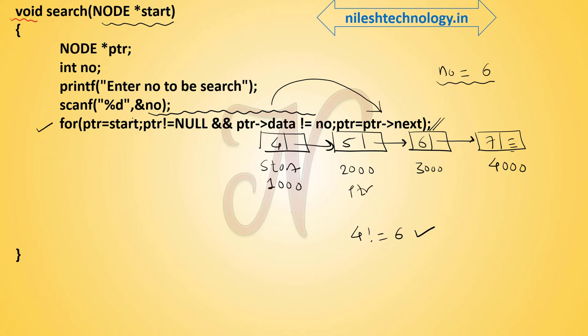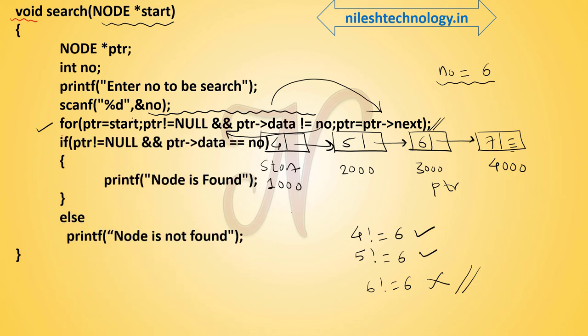Again going to the condition, ptr is not equal to null and data, now 5, is not equal to 6, true. Again going to next. Ptr is not equal to null and the data 6 is not equal to 6, false. So here we break this for loop, going to the next line.